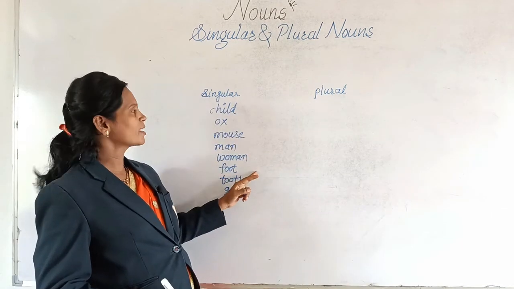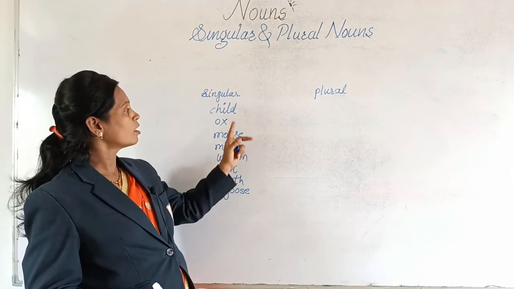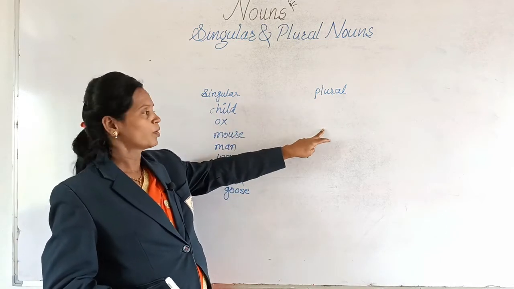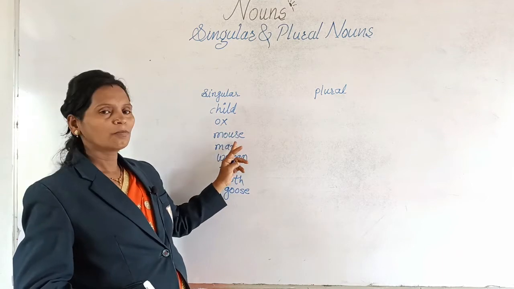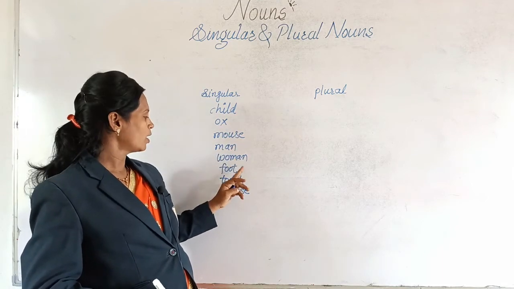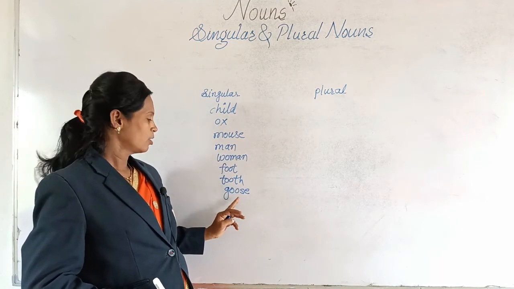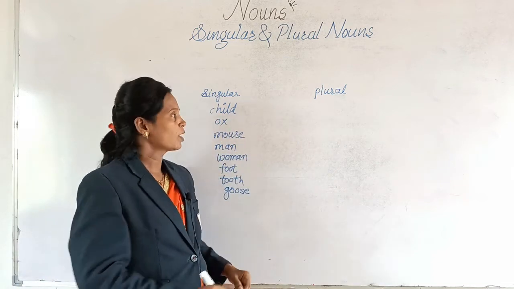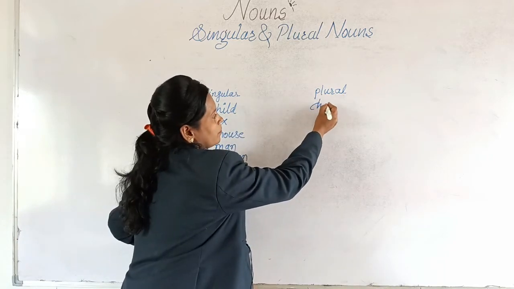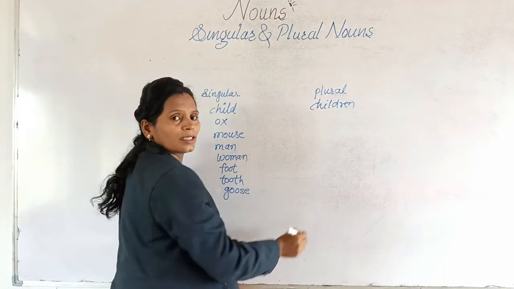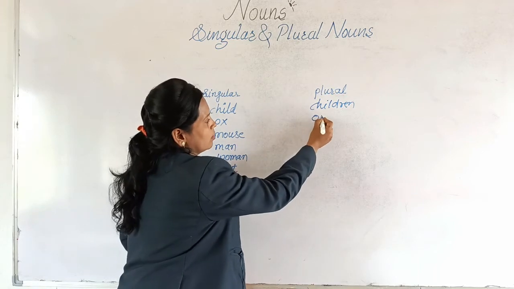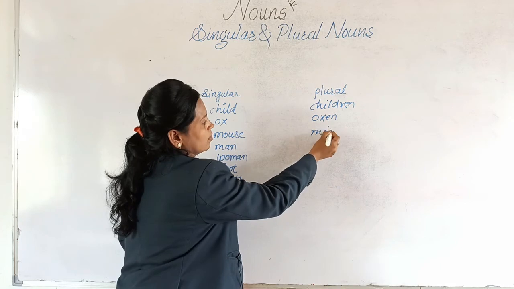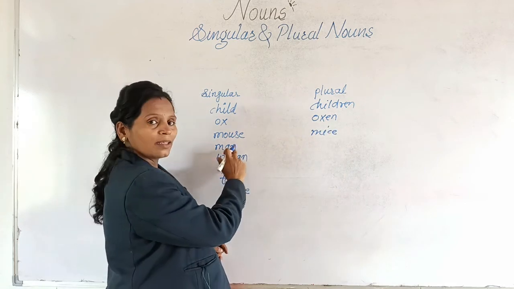Let's see some examples. These nouns are the irregular nouns. How can you make them singular to plural? Child, ox, mouse, man, woman, foot, tooth, goose. Let's see how to make them plural. Child, children. Ox, oxen. Mouse, mice. Man, men.